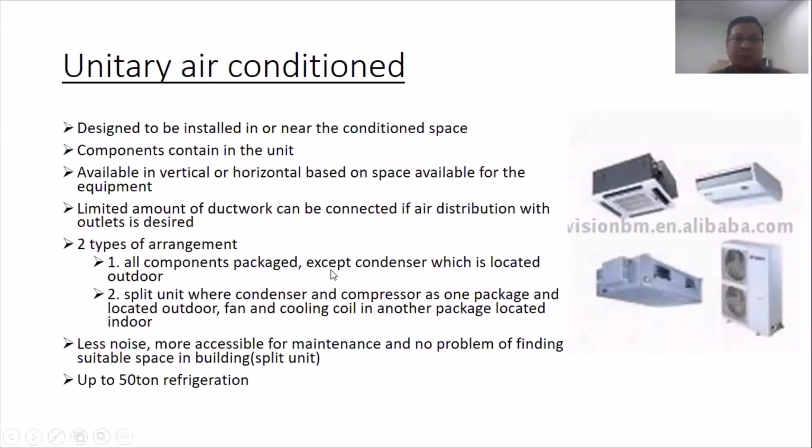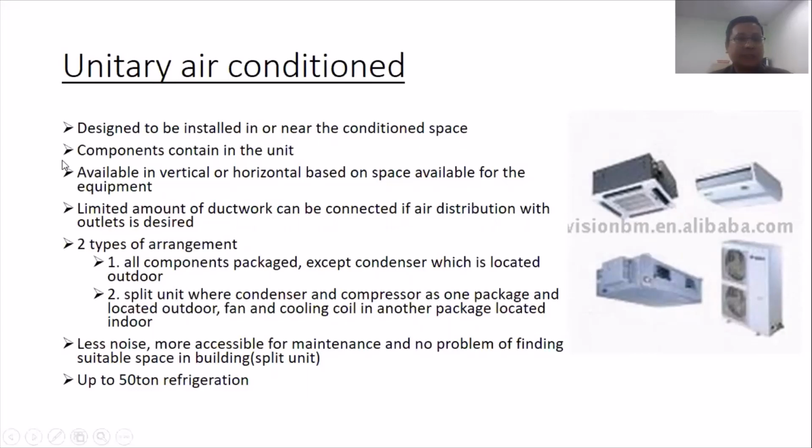Now we go to unitary air conditioning by central system. This one is unitary, designed to be installed in or near the conditioned space. Okay, maybe attached to the ceiling.